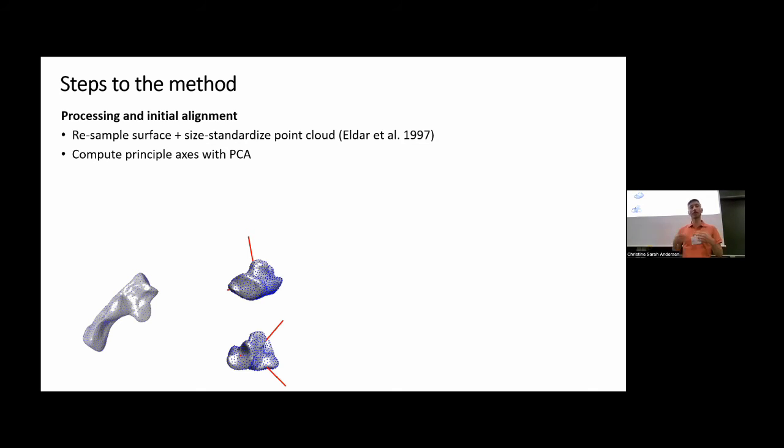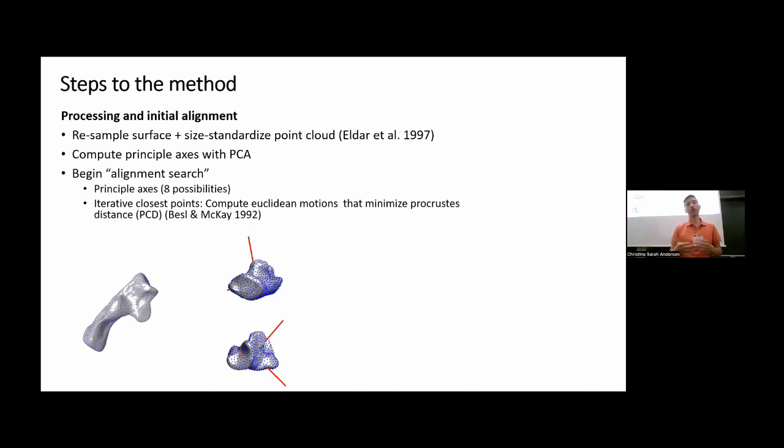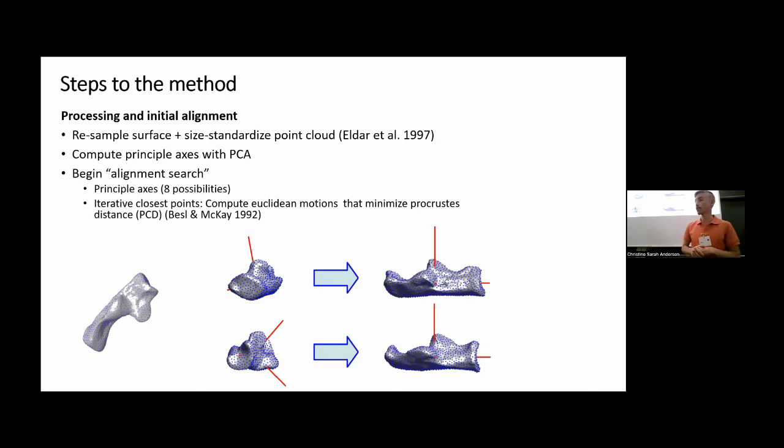So we have essentially 8 initial test alignments, and there's some assumption about how much variability is going to be in the sample, but that gives us a starting point for an iterative closest points approach to finding what we'll call our best alignment based on evenly spread landmarks.